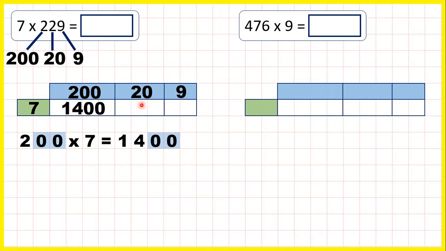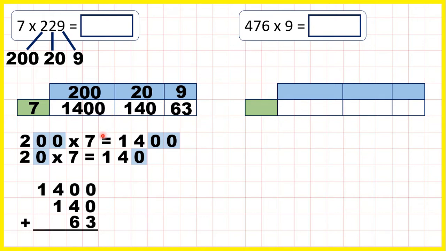Now for this box, we have 20 times 7, which is 140, because 2 times 7 is 14, and if we have 1 end zero in the question, we need 1 end zero in the answer. So that's 140. And for our last box, we have 9 times 7, which is 63.